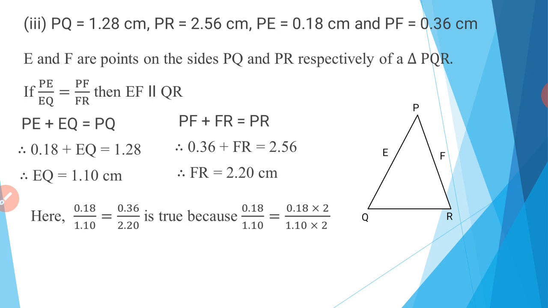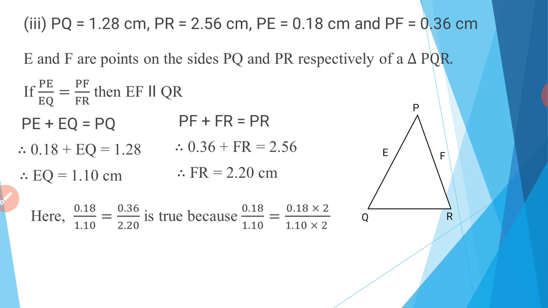Here 0.18 upon 1.10 equals 0.36 upon 2.20. I have kept the value of PE, 0.18, which is given, and the value of EQ, 1.10, that we have got, and also the value of PF, 0.36, which is given, and the FR value we have got, 2.20 centimeter.